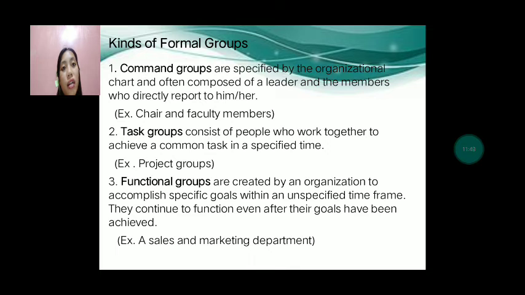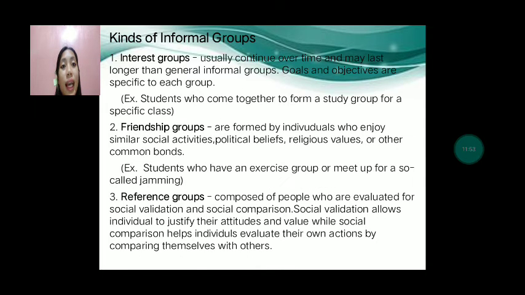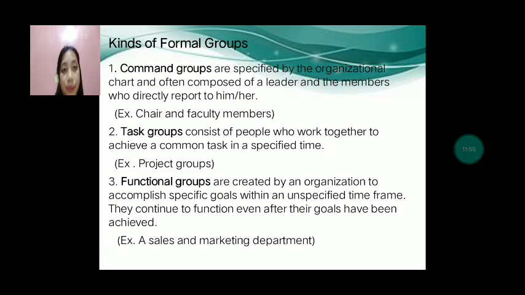So there are kinds of formal groups, which is three kinds. The first one is the command groups. When we talk about command groups, it is specified by the organizational chart and often composed of a leader and the members who directly report to him or her.